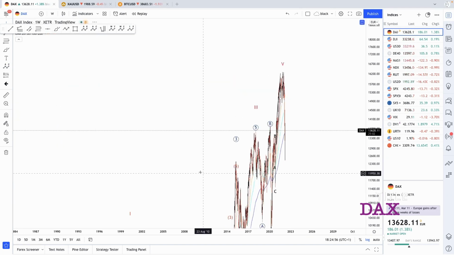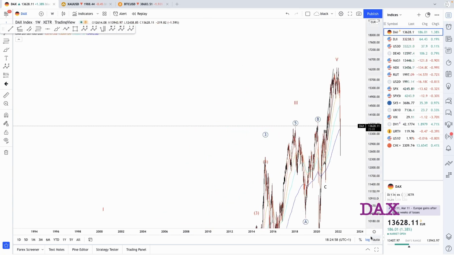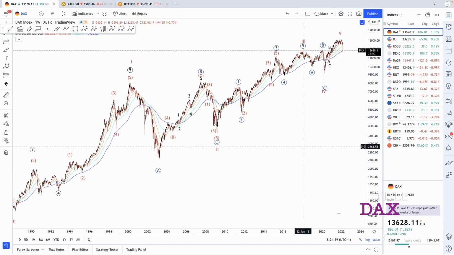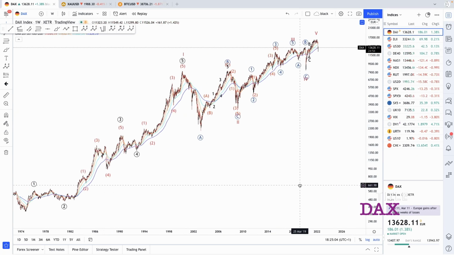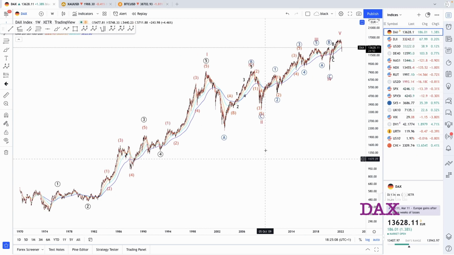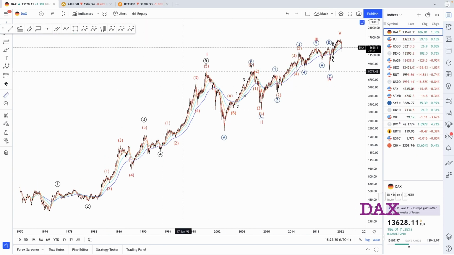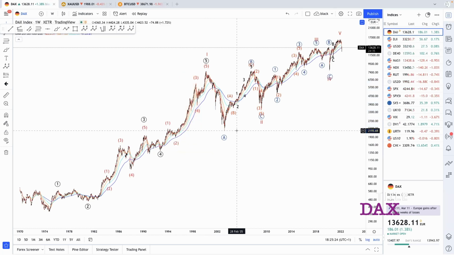However, with the DAX, for instance, on the longer term, I see two possibilities, basically. If we look on the long scale, of course, the 2008 housing market crash was the largest correction, and this is measured in terms of percentage.